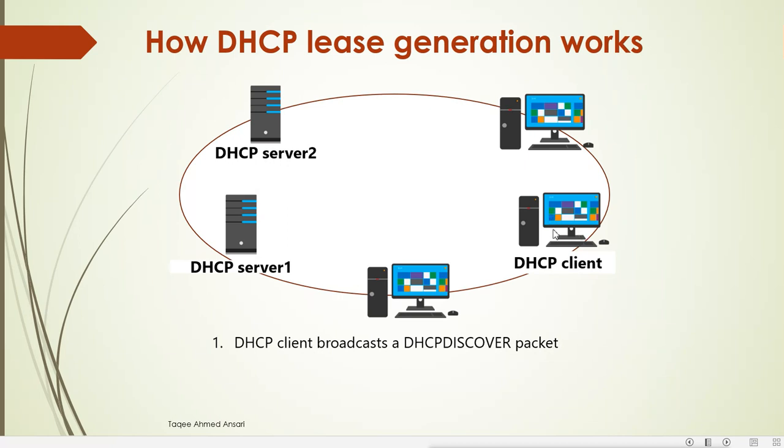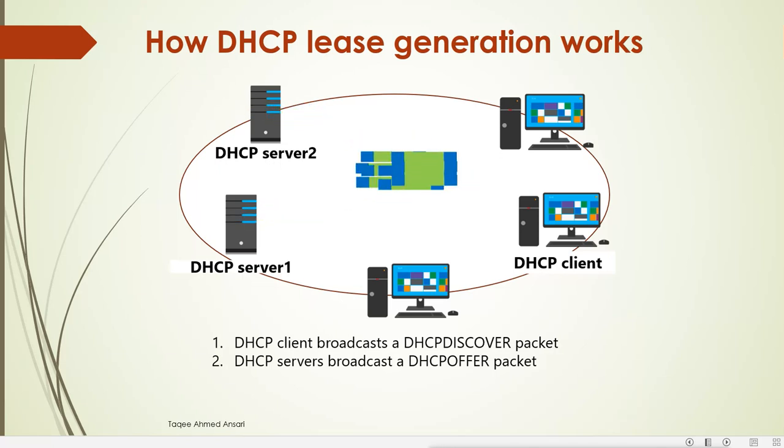That is why it sends the broadcast packet to everyone. It reaches everyone, but no one will reply, only the DHCP server will reply, and the DHCP server will reply with an offer. That offer also goes as a broadcast to everyone. It will reach everyone, but this client will accept it because it sent the broadcast.